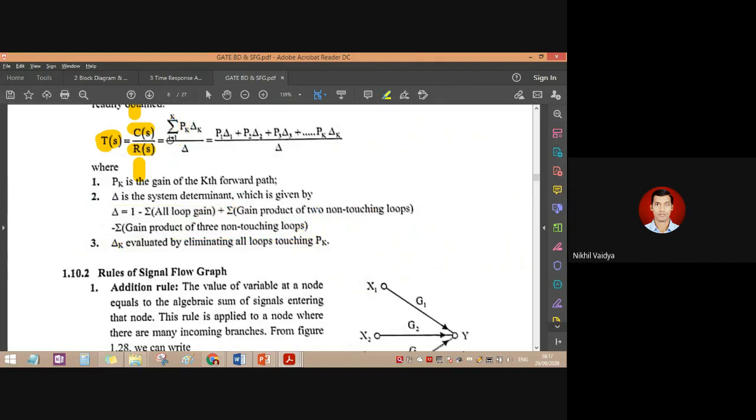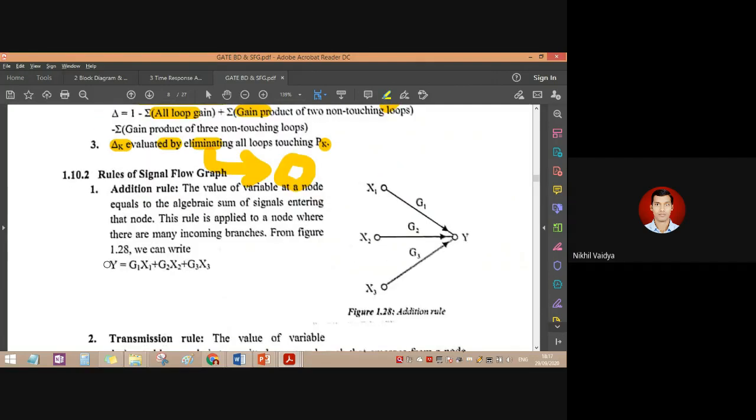Summation from k equal to 1 to K, Pk into delta K upon delta, where Pk is the gain of the kth forward path, delta is the system determinant found by this formula, and delta K is evaluated by eliminating. Eliminating means making it 0. So whatever loops are touching this particular kth path, we have to make them 0 in the value of delta. In this way, finally we will get the value of our transfer function.